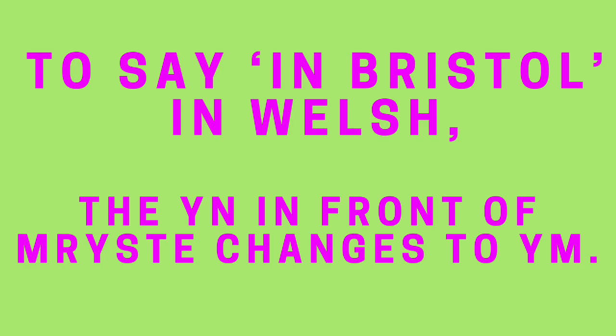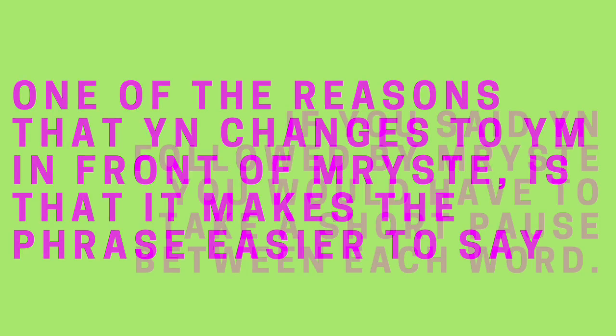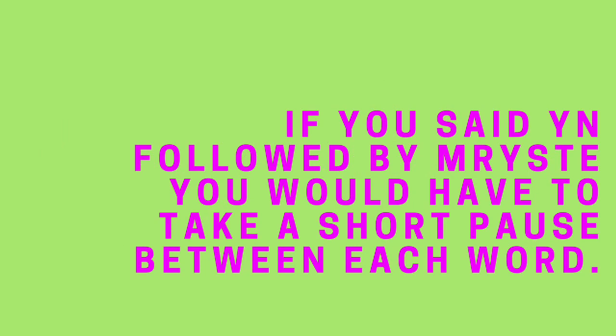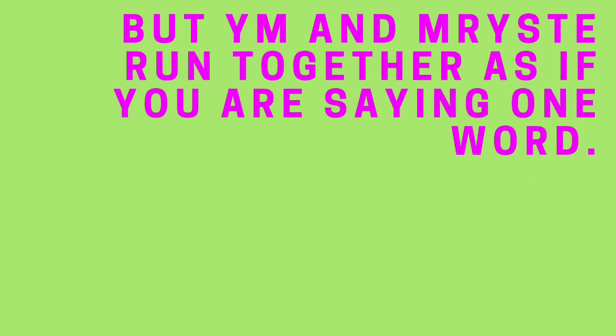The reason the un changes to am in front of Mryste is to make it easier to say. If you said un followed by Mryste, it's a little awkward to pronounce. You'd have to take a tiny breath. But am and Mryste, they get run together like one word, so it's easier to say.